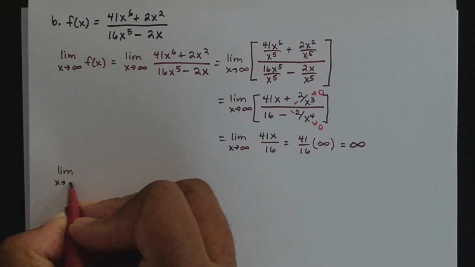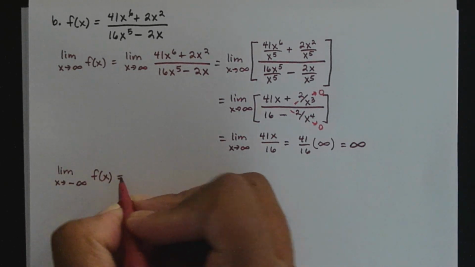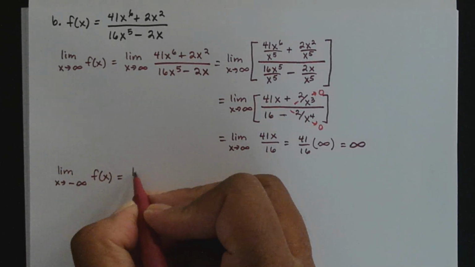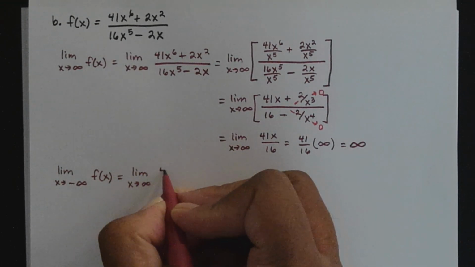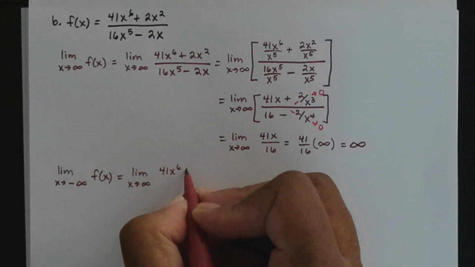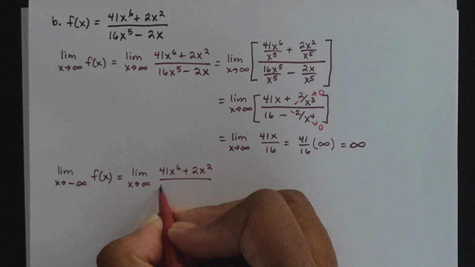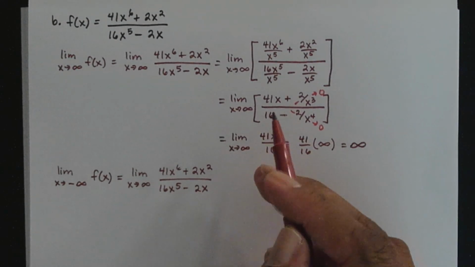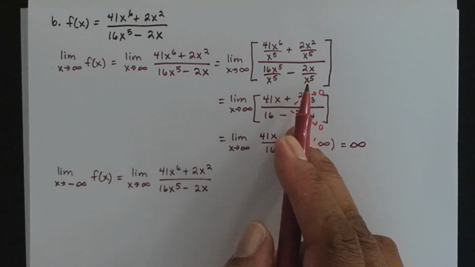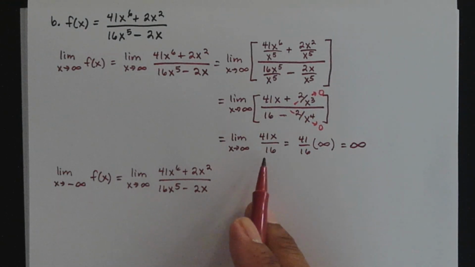Now, as we let x approach negative infinity of this function, this one is going to be less work, because if I divide every single term in this by x to the fifth, like I did up here, I'm going to end up with 41x over 16.